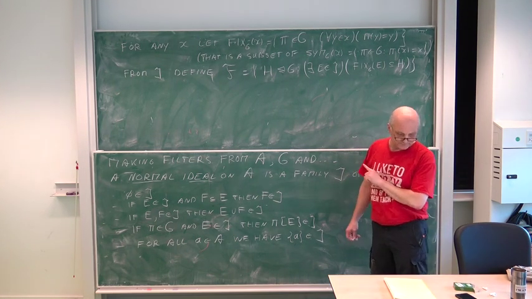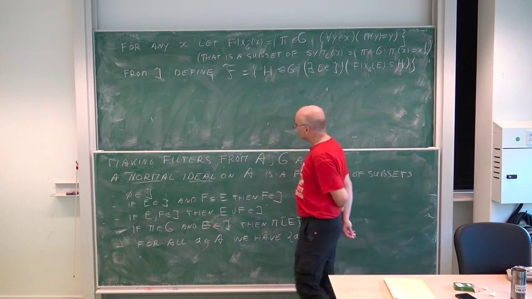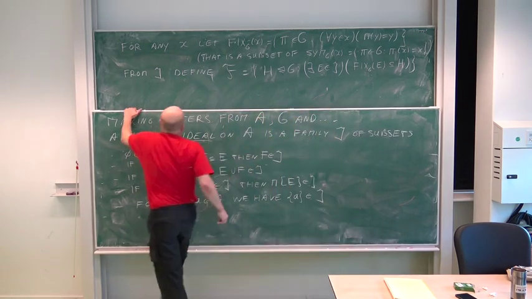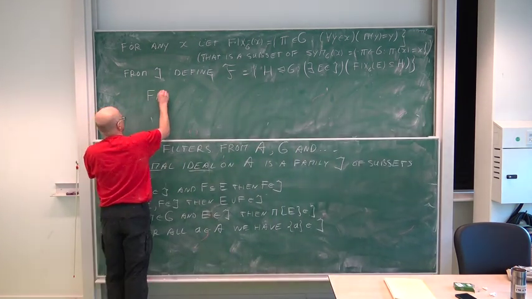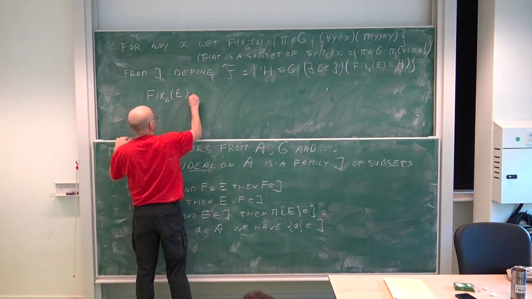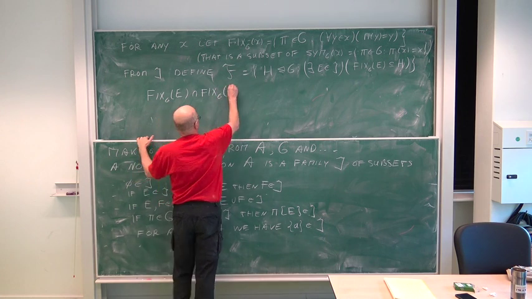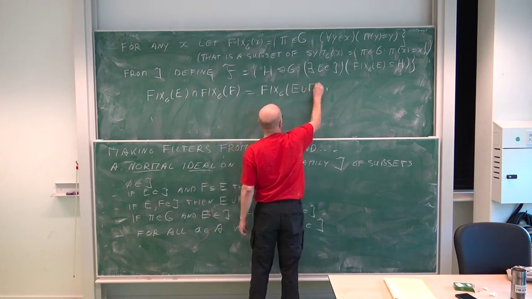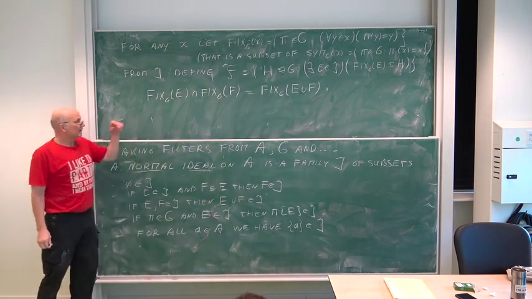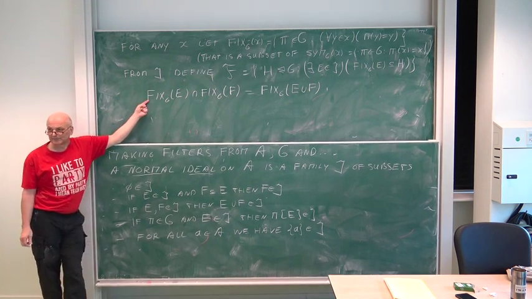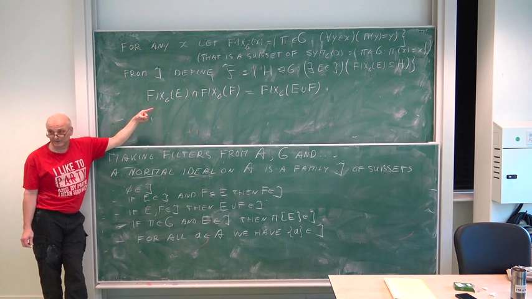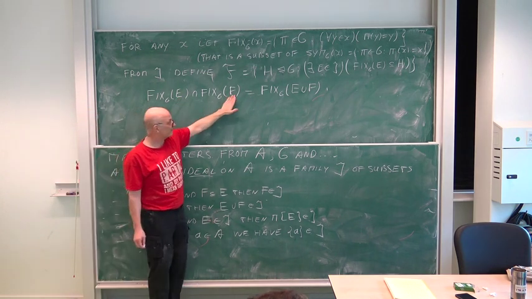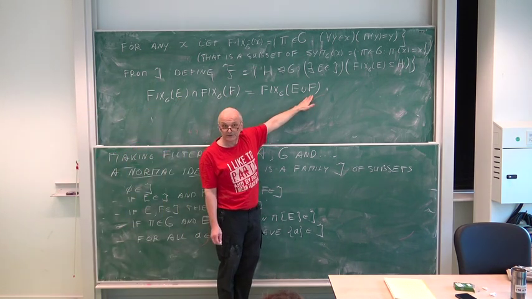I didn't even do the homework on that, but for example, if you want to show that for two of those fixing subgroups the intersection is again a fixing subgroup, well, if a permutation fixes all the members of E and all the members of F, then it fixes all the members of the union and vice versa.